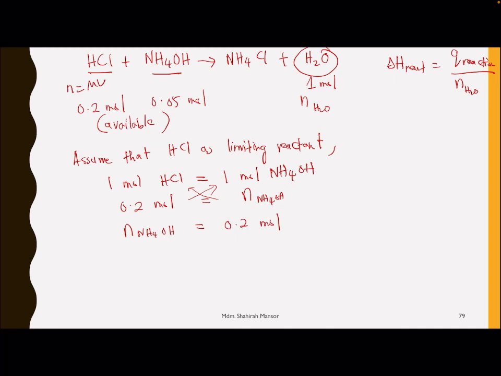This 0.2 mole is the needed mole of ammonium hydroxide in this reaction. By comparing this needed amount with the available amount, we can clearly state that the actual limiting reactant is ammonium hydroxide, because we need 0.2 mole but we only have 0.05 mole.